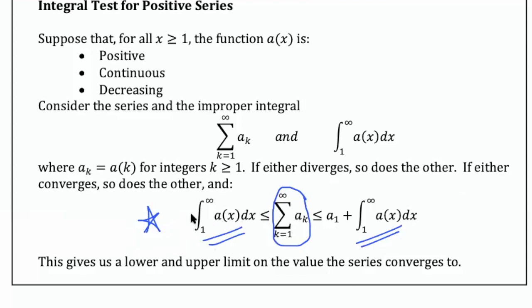Now on the left, you can see is the value of your improper integral, which we just calculated in our case to be 2. The series will converge to a value bigger than or equal to 2, but less than, and notice on the right here, you have the improper integral again, which we know is 2. And all we do to that is add the first term of the series.